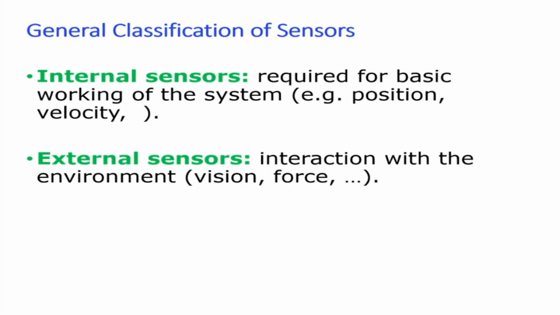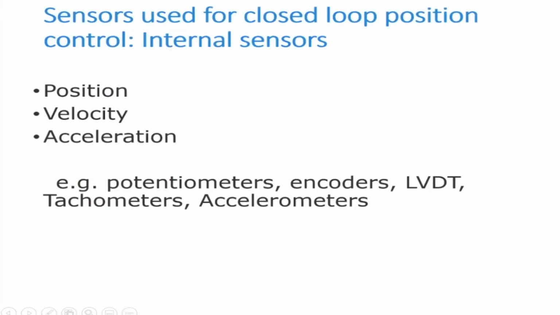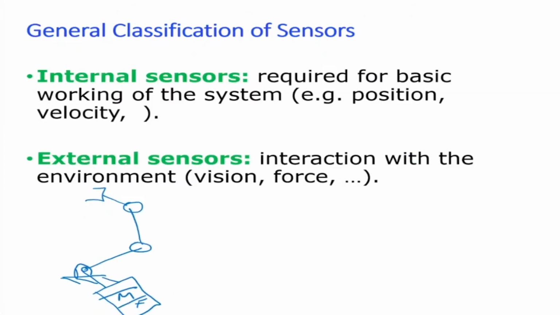Now we start off with sensors. Sensors can be classified into two groups: internal sensors and external sensors. Now in a robot, this is my robot, and every joint has a motor, an encoder, and a gear in front.